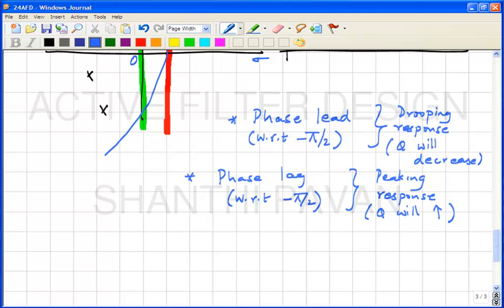Okay. Does it make sense? Okay. And if the phase is 90 degrees, then the Q you realize will be the ideal.